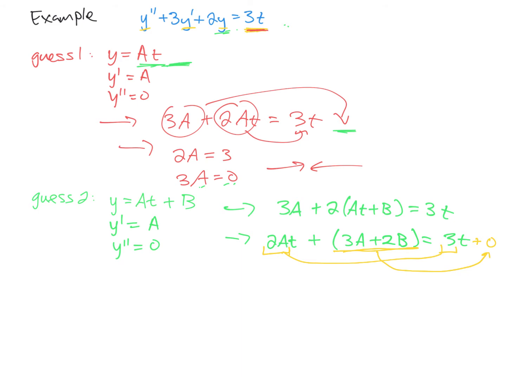The set of equations that we get is 2a equals 3 and 3a plus 2b equals 0. I'll let you work out the arithmetic there. I'll just give you the answer: a equals 3 over 2 and b equals negative 9 over 4.